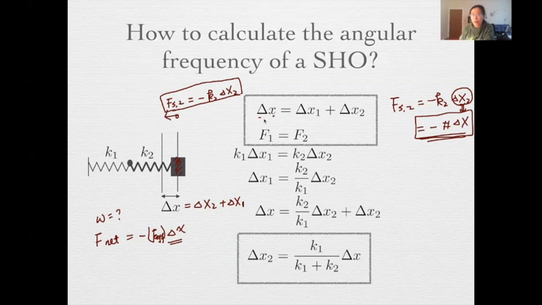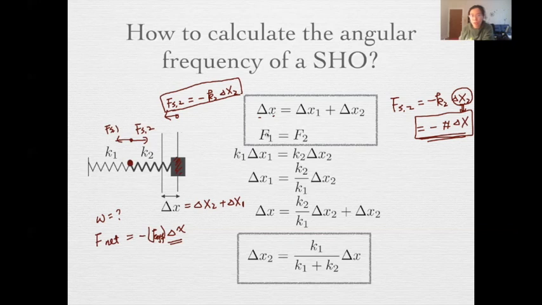And we also know another piece of information: if you look at the system, if you look at the particle here and draw the free body diagram, this particle will feel a spring force to the right because it's pulled by the second spring, and also a spring force to the left because it's pulled by the first spring. And these two forces should be the same because the item in the middle is not moving. So now we know F1 equals F2.